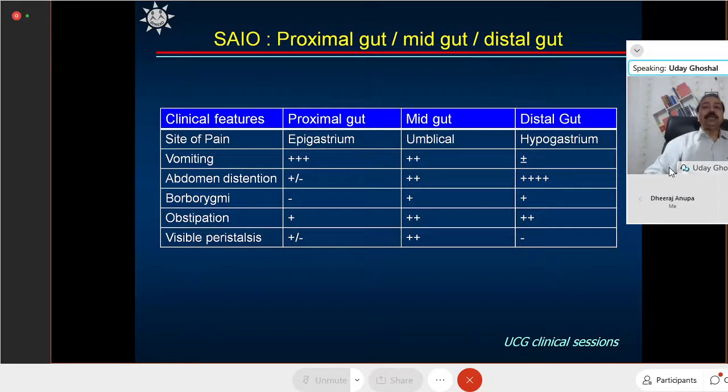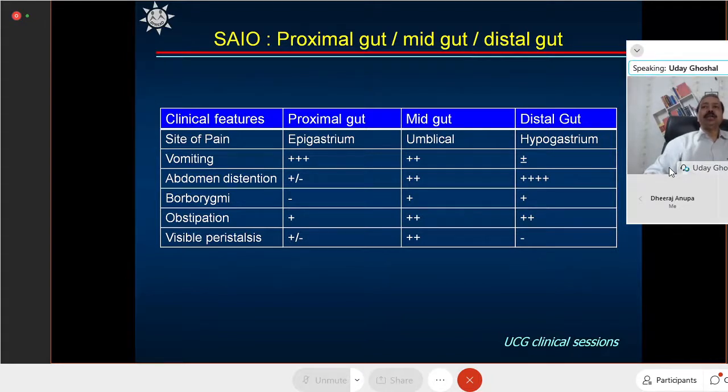Midgut obviously extends from the ampulla of Vater to a point between the right two-thirds and the left one-third of the transverse colon. Okay, now that nerve supply is obviously T10, T11. Therefore, it is localized around the umbilicus, that is the area which is the dermatome or the nerve supply for the umbilical region.